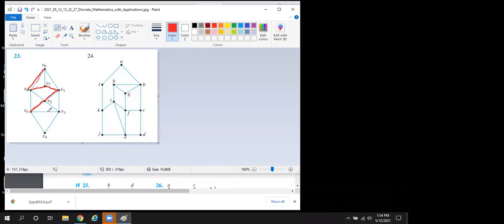V3, V4. Ooh, I don't want to go 3 and then 4. That's going to trap me. So if I go 3 and then 4, now there's no way out except to hit either 5 or 3, which I'm not allowed to touch those vertices twice. So what do I have to do instead?